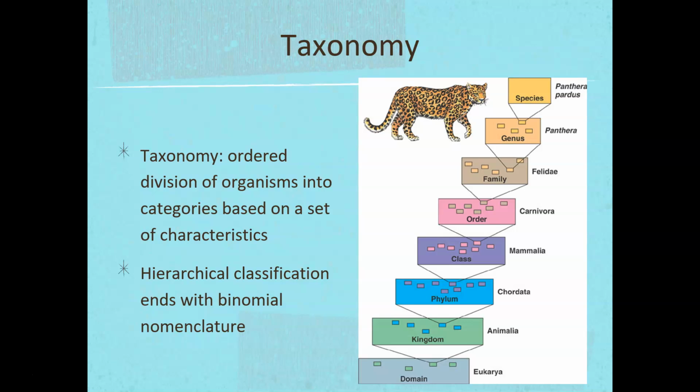It's this hierarchical classification that ultimately ends in what we know as binomial nomenclature, and that's the species scientific name, right? And that accounts for both their genus and then their specific species. But that backtracks all the way up to the family, the orders, the classes, the phyla, the kingdoms. And now ultimately we also use that domain system as well.